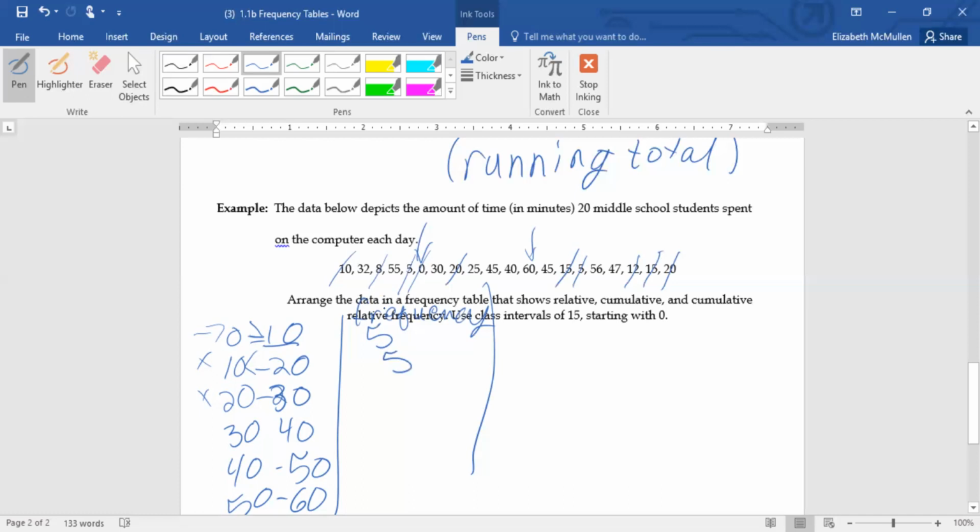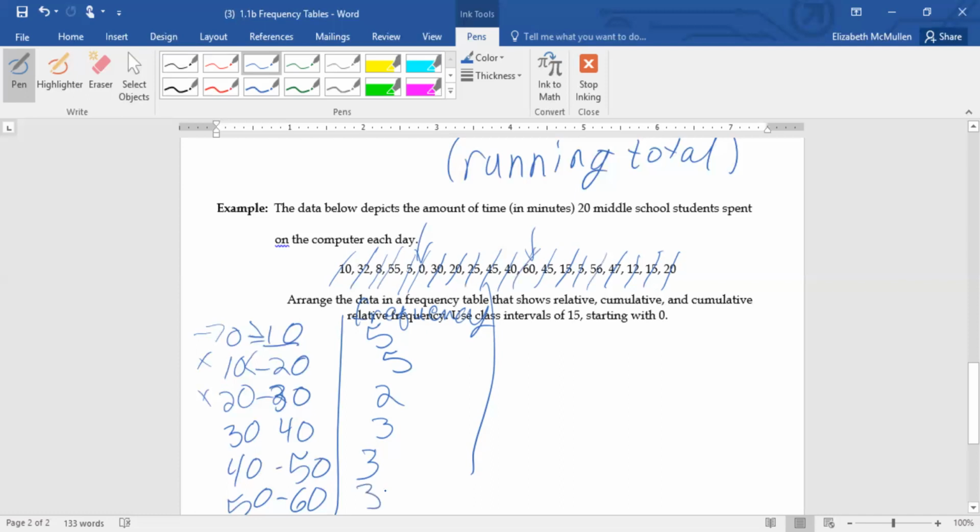Between 21 and 30, I have 1, 2. Between 30 and 40, I have 1, 2, 3. Between 40 and 50, I have 1, 2, nope, 3. And between 50 and 60, I have 1, 2, 3.